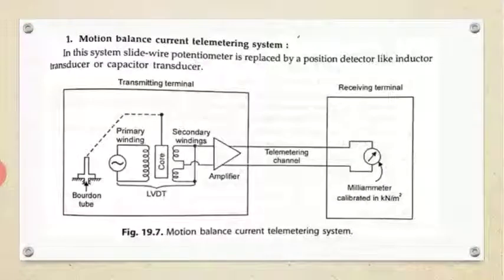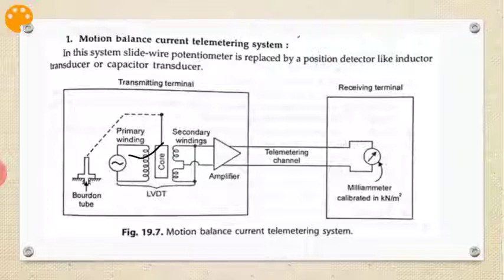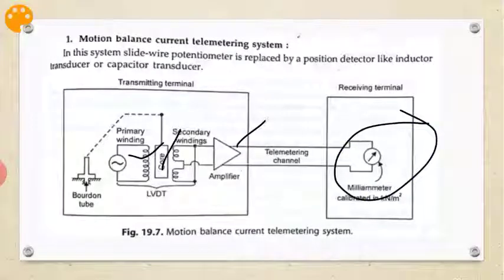This is the primary winding where the supply is excited, and this is the secondary winding, with the movable core in between. The signal that is sensed comes to the amplifier and is connected to the meter.